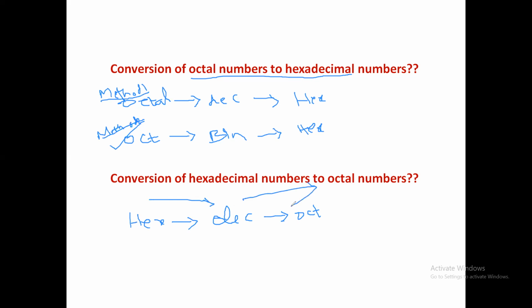So you require two steps. This is going to be method 1, and in method 2, hexadecimal numbers are converted into binary numbers first, just like in the previous conversion, and then this binary number is converted into octal. So this method is always going to be easy.